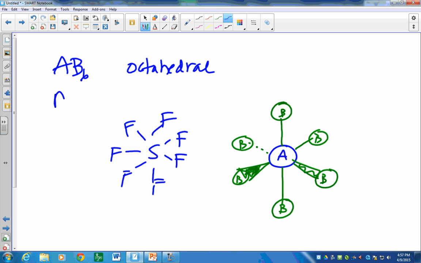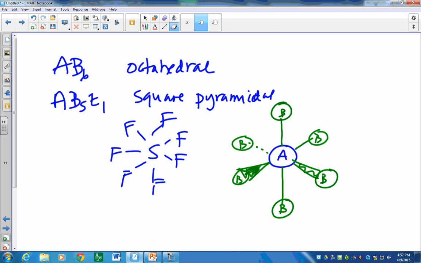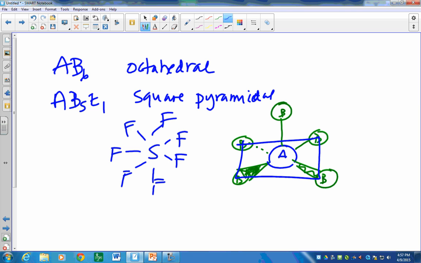And then if you look on the back, AB5E1 is called square pyramidal. Why? Because when you pull this bottom one out, you end up with this square base with this vertex of the pyramid on the top.